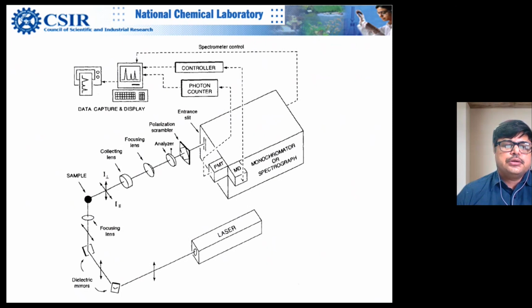Lambda by 2, or you can put it as 1.2 times lambda divided by n sine alpha. We know about the Rayleigh criterion or Abbe criterion. So once you focus the laser on a small spot, for example, a 1 micron area on the sample, finally the outgoing light will have a Rayleigh line as well as Raman shifted lines.